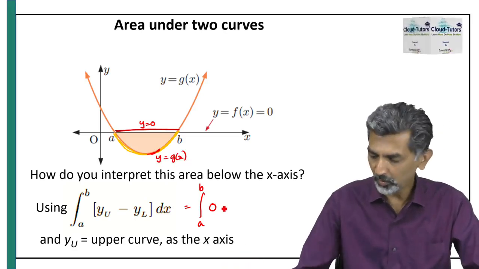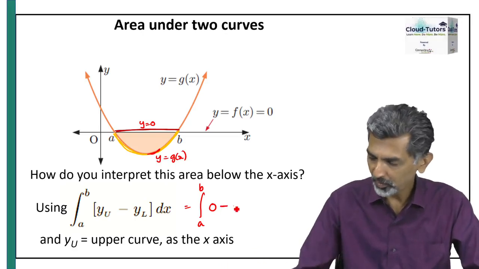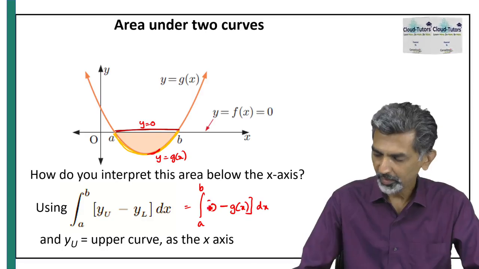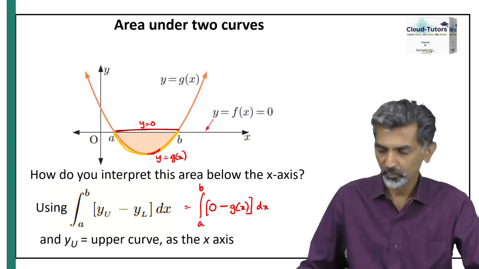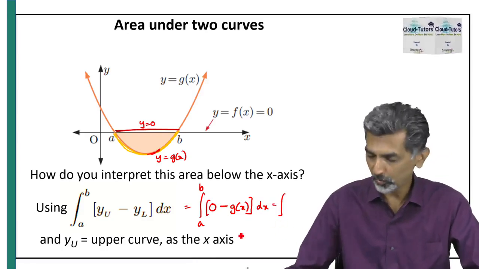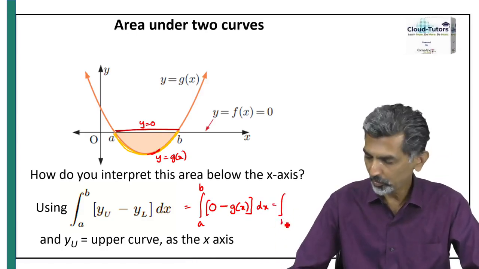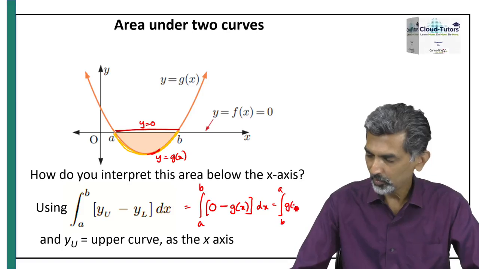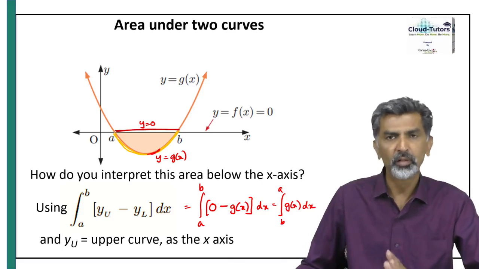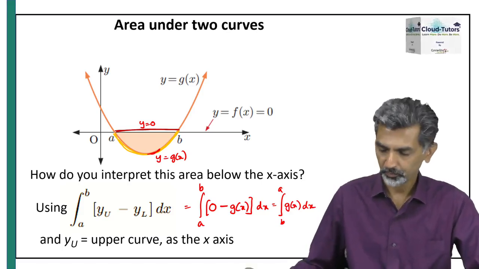So the upper function minus the lower function, and that would give you the area. And this can be written as, it's negative, so you can swap the limits and say this is b to a g of x. That will give you the area that is indicated in this picture.